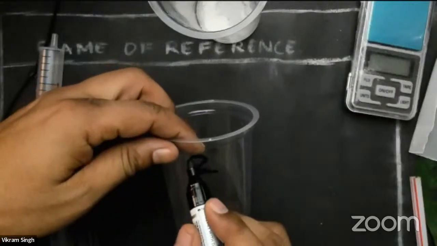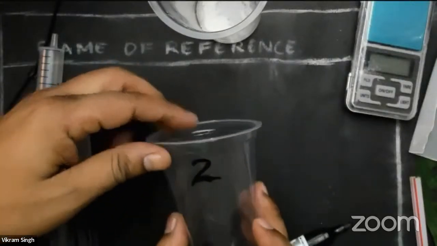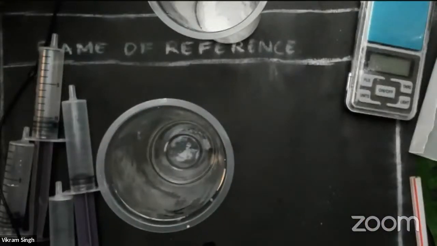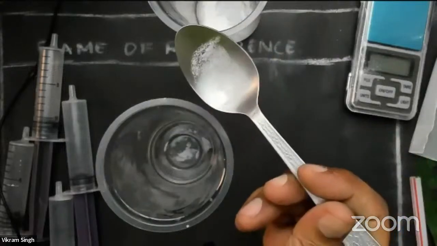We will take another beaker, and in that beaker we will mark it as number 2. In the last beaker we put half a teaspoon.